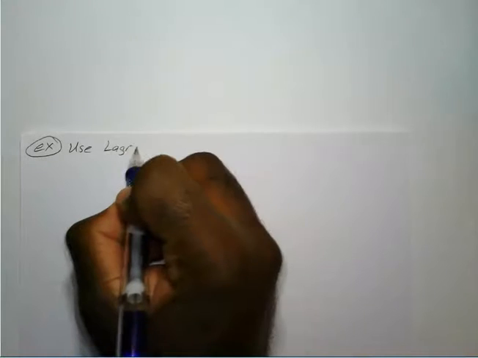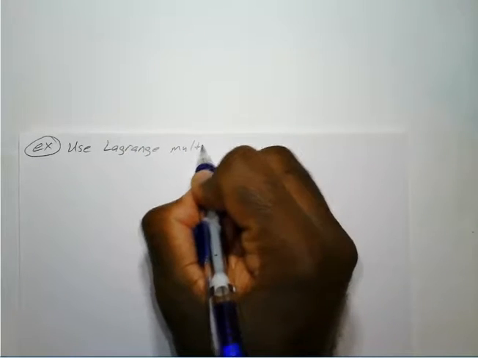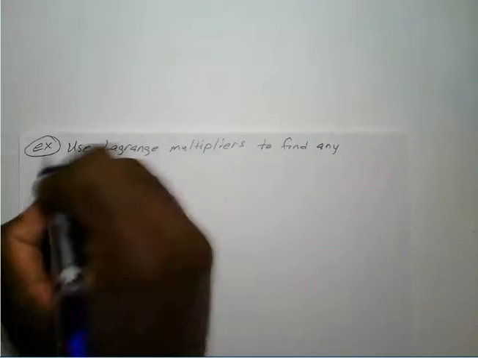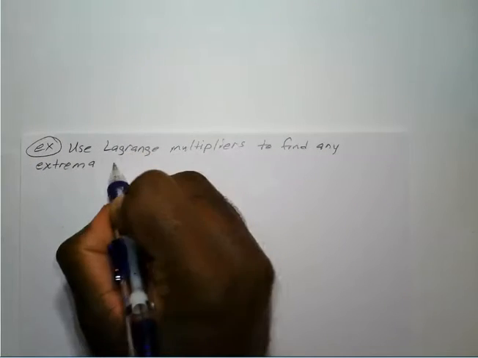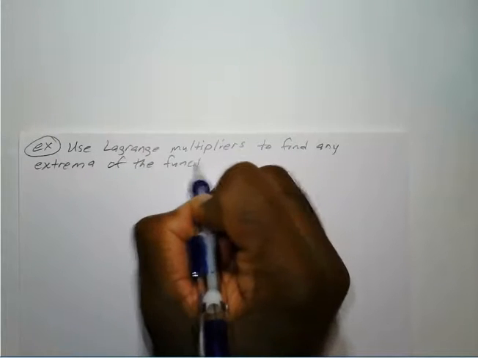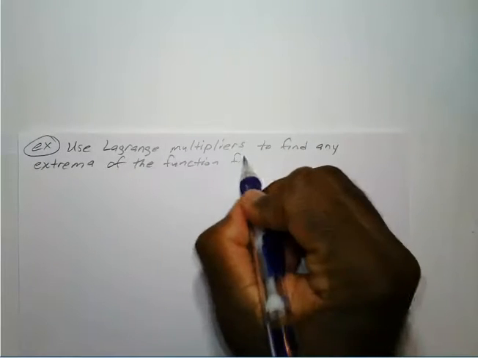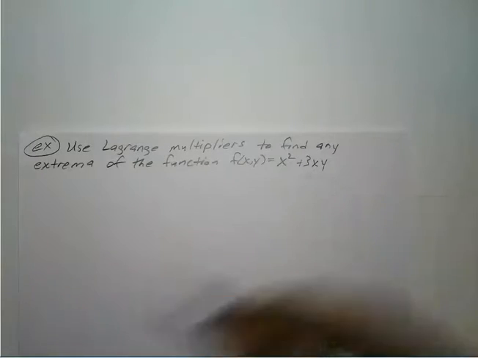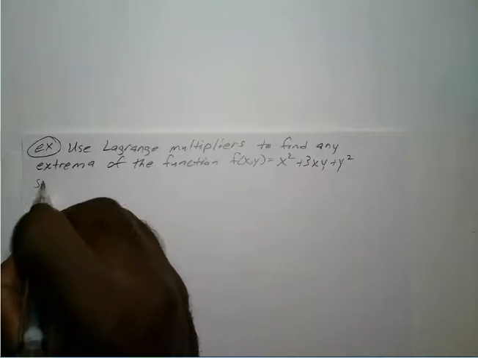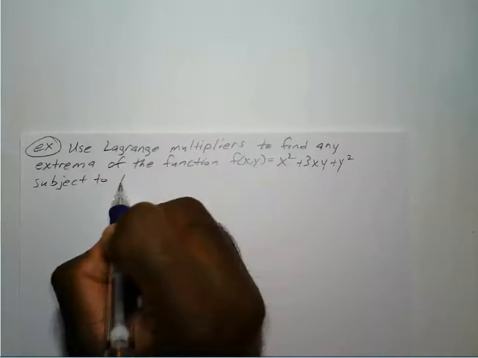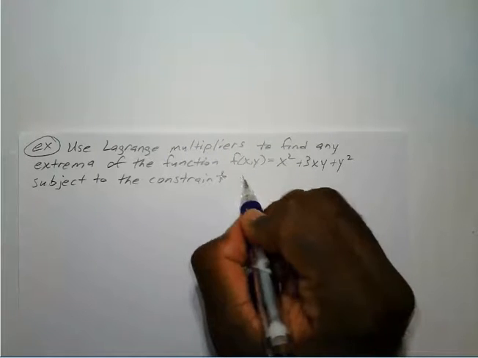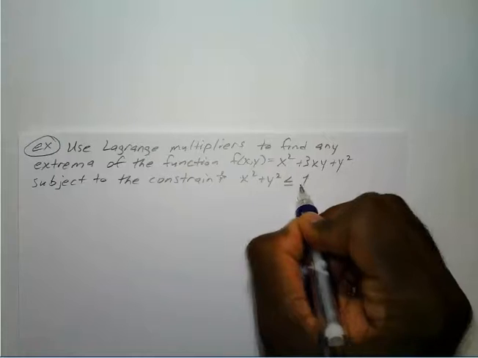All right, so let's say, for example, we wanted to use Lagrange multipliers to find any extrema of the function f of x, y is equal to x squared plus 3xy plus y squared, subject to the constraint x squared plus y squared is less than or equal to 1.